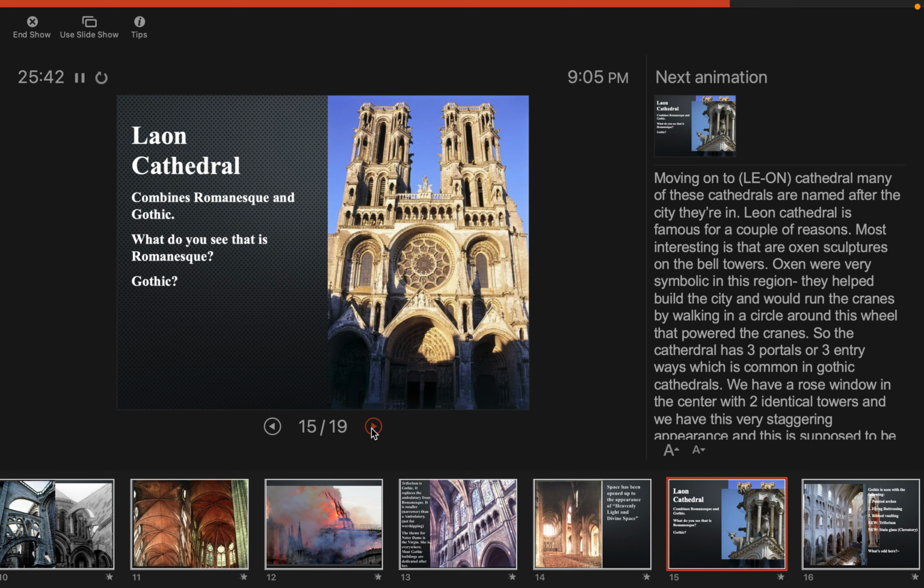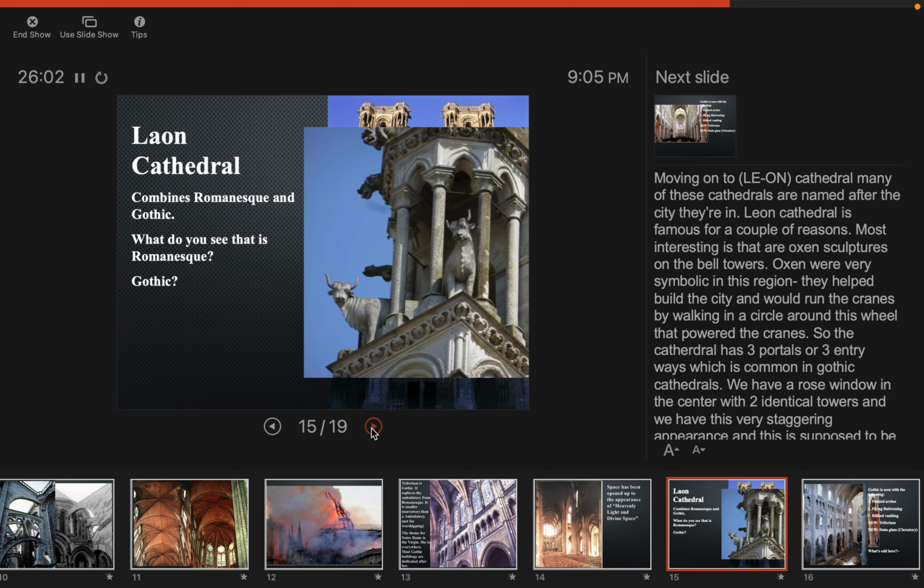Okay, moving on to Lyon Cathedral. Many of these cathedrals are named after the city that they're in. Lyon Cathedral is famous for a couple of reasons. Most interesting is that there are oxen sculptures on the bell towers, which we see here. Oxen were very symbolic in this region.